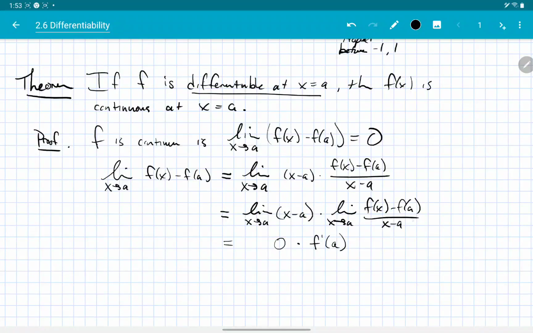This is the x goes to a definition of the derivative, not the h goes to 0 one, which we mentioned briefly, but haven't used yet. So now this is 0, and we showed what we needed to show. So indeed, differentiable functions are automatically continuous. If there is a tangent line, then the function is continuous at a point.